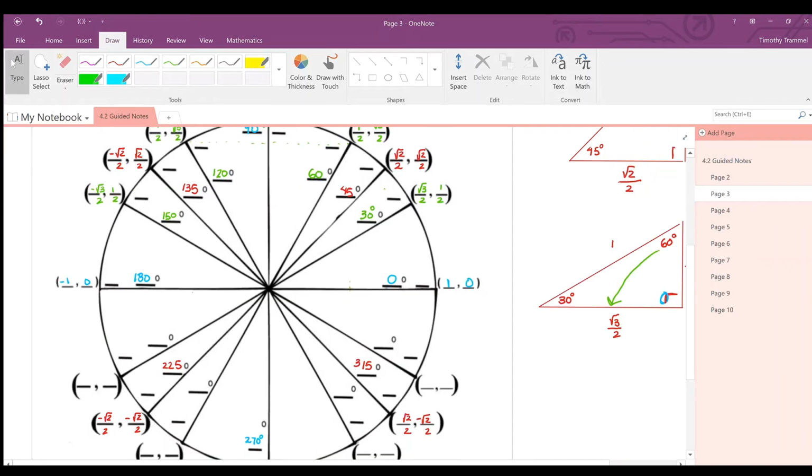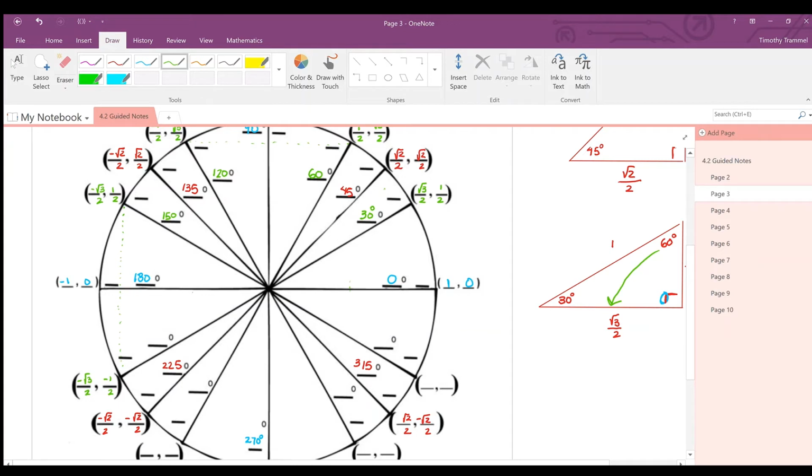And now to fill in this one, we could go down from this point, like that. And so you can see I should have the same x value here, because I went straight down, minus the square root of 3 over 2. And so if that's the case, then this should be 1/2. And because we're below the x-axis, you know that this y value should be negative.